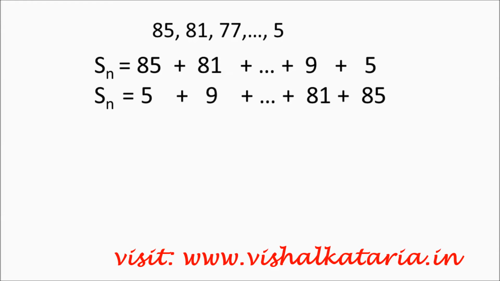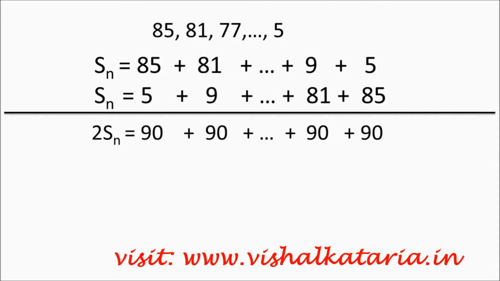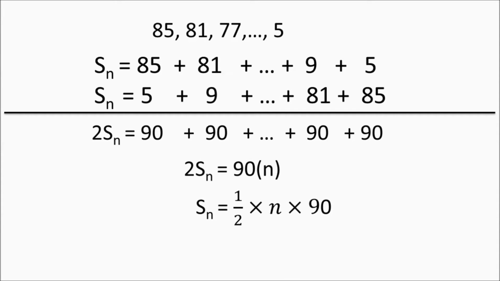Adding the terms vertically, I get 2 times Sn. On the right hand side, the sum of each vertical pair is 90, and hence twice Sn equals 90 plus 90, n times, and hence Sn is n by 2 times 90, and 90 is nothing but the sum of the first and the last term. Again, Sn equals n by 2 times a plus an.